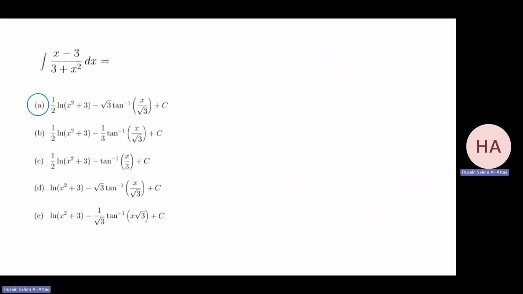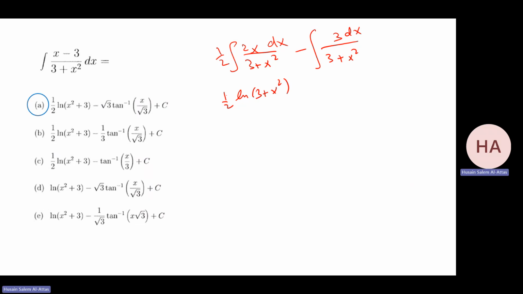Okay, I split it: x over 3 plus x squared, minus 3 over 3 plus x squared. This is an integral, and this is another integral. Yeah, I have 2.5, so it's half ln of this, minus 3 times 1 over the square root of 3 tan inverse, it's still tan inverse, x over the square root of 3 plus c.